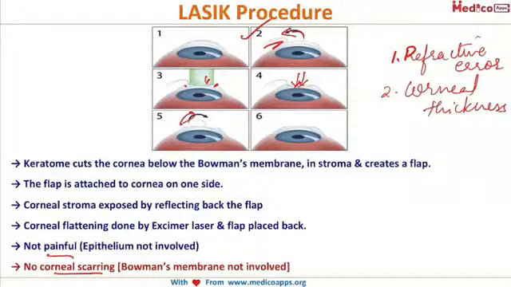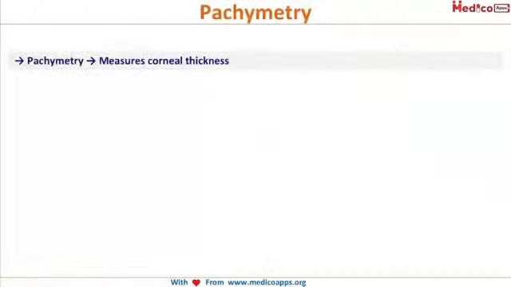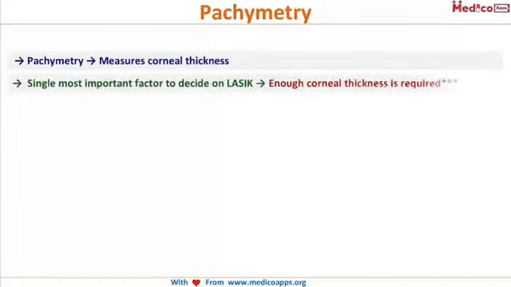Now that we have spoken about corneal thickness, we have to mention this procedure called pachymetry, which allows us to measure the corneal thickness. Pachy means thickness, so we measure the corneal thickness with pachymetry. It is the single most important factor which decides how much you are going to ablate in LASIK.